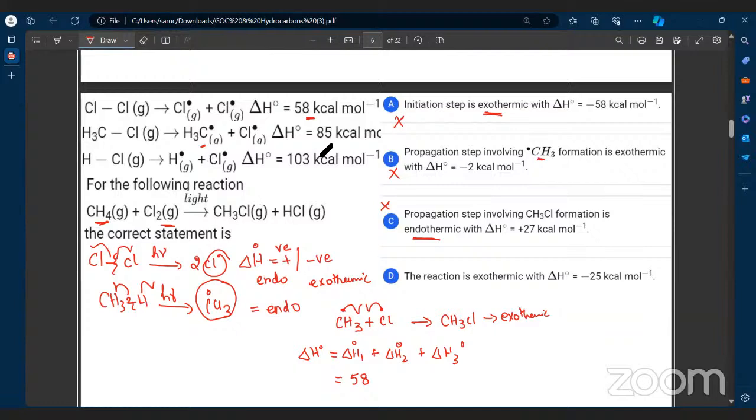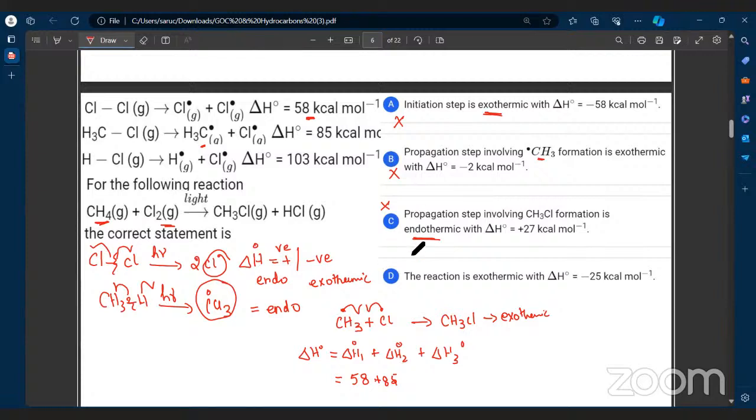This is an endothermic reaction, so it is plus 85.